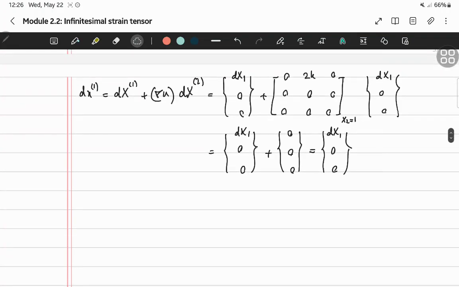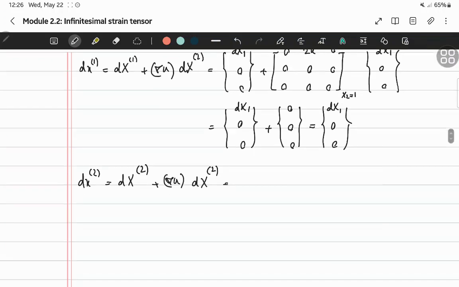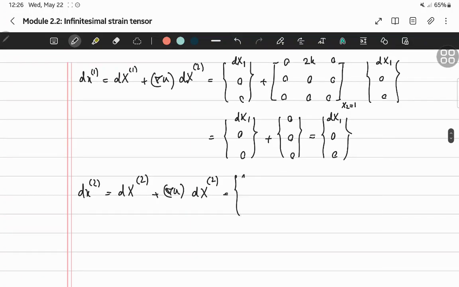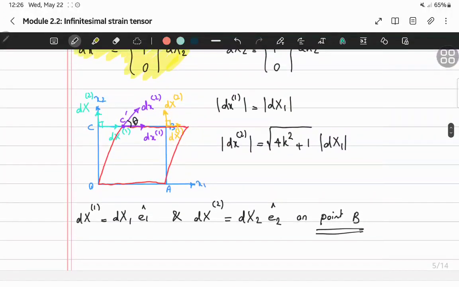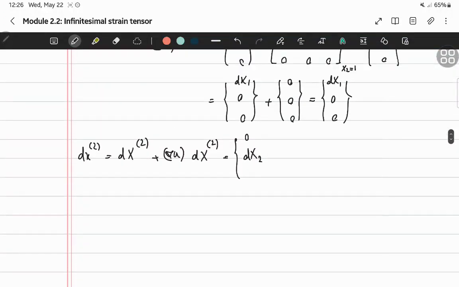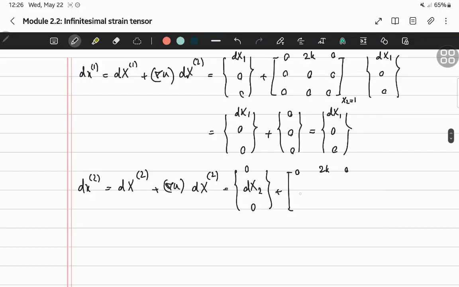If I again do this for dx2, this becomes d capital X2 plus del u d capital X2, which is 0, dx2, 0, plus 0, 2k, 0, 0, and this is for x2 equal to 1, times 0, dx2, and then 0.